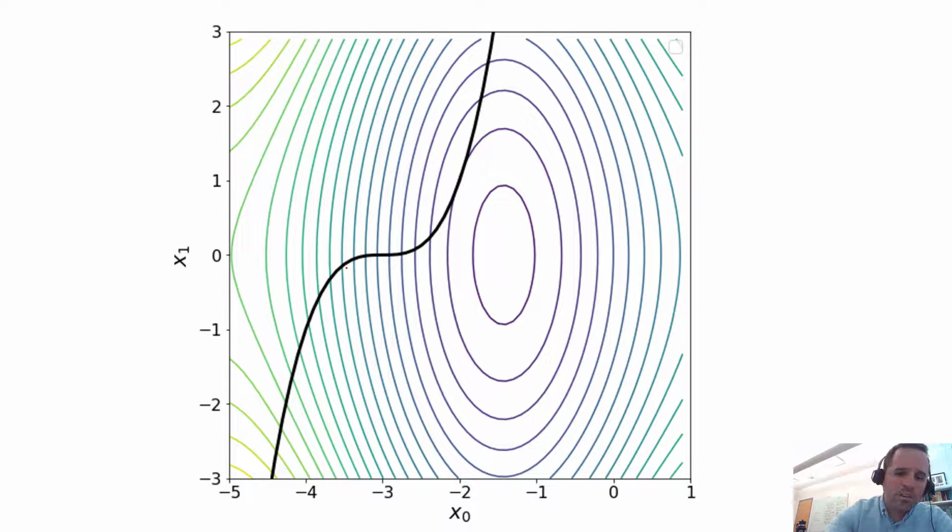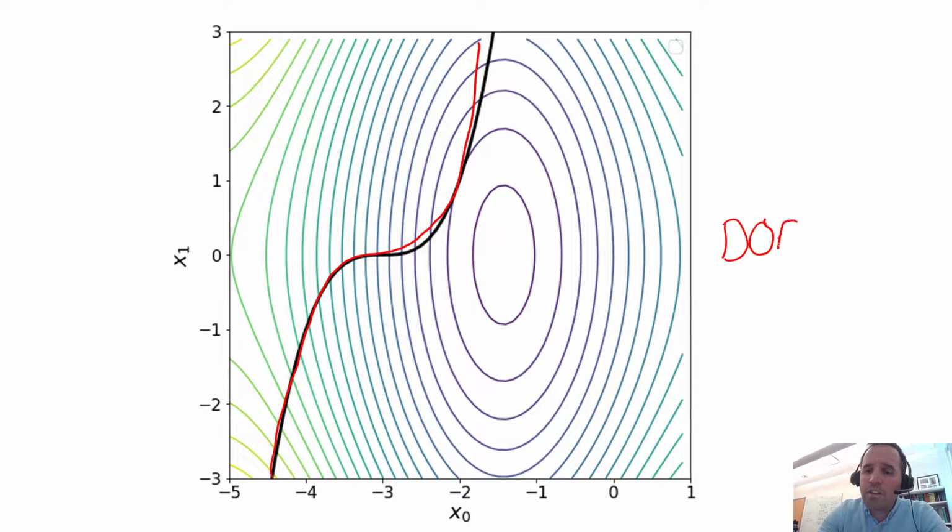So now our solutions have to be along this line. So we can say that the number of degrees of freedom is equal to the number of decision variables minus the number of equality constraints.